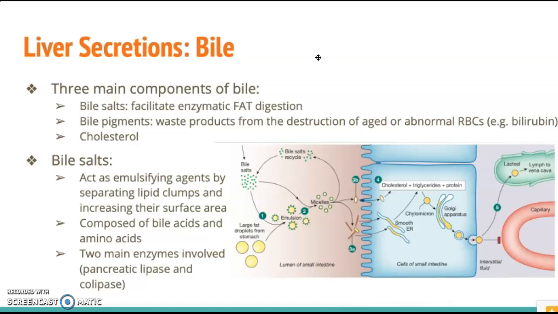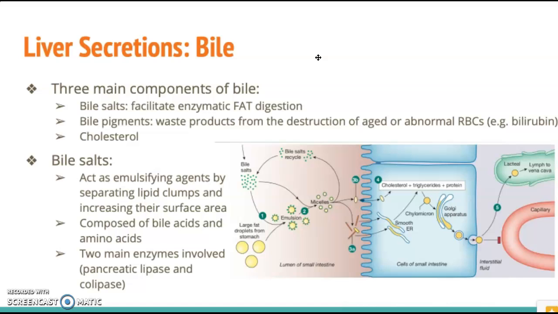Just as an off-topic note, bilirubin is orange or yellow in color, and its oxidized form is biliverdin, which is green. When they mix with intestinal contents, they give the brown color to feces. Also, high levels of bilirubin can indicate many diseases, but we won't get into that here. And finally, there's cholesterol.